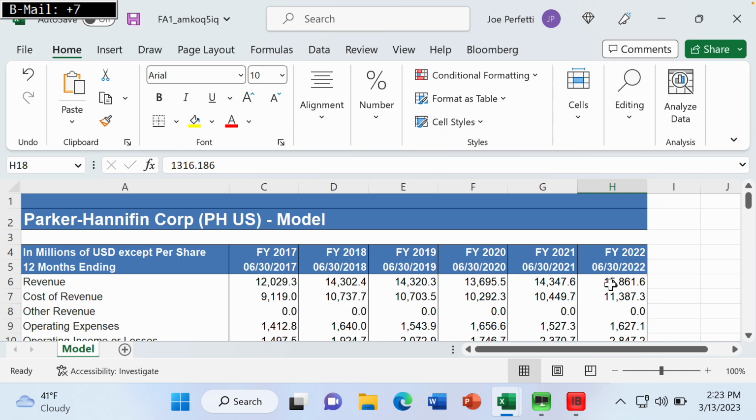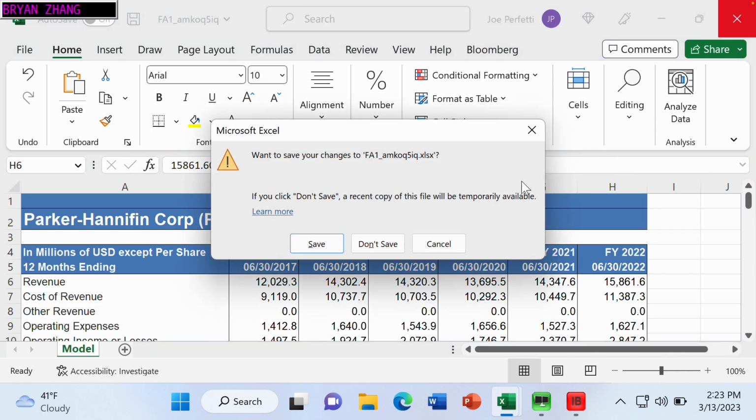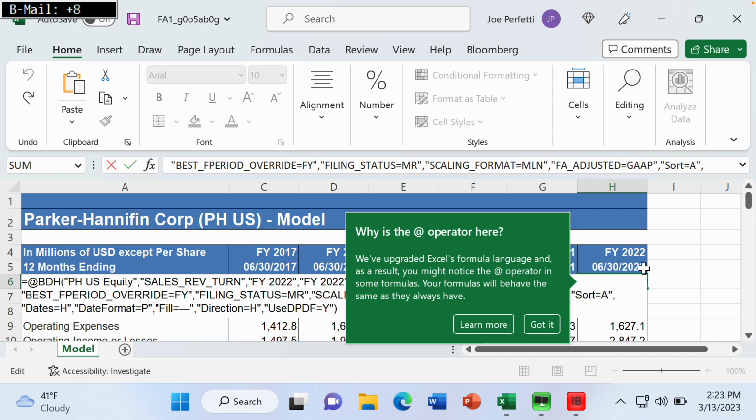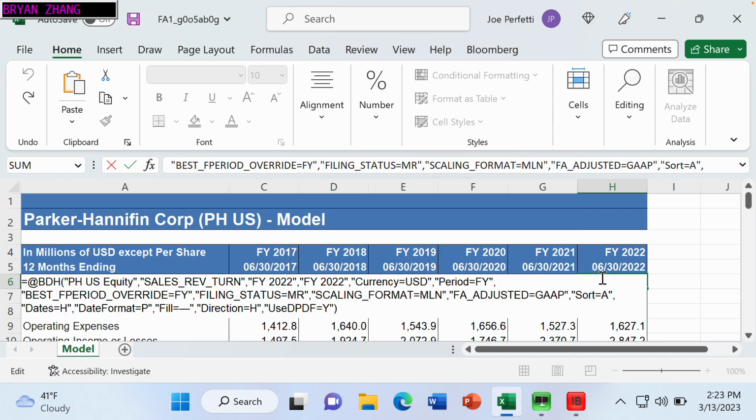But then there's two more things you're going to have to do every time. You will notice if you click on 2022 revenue in the cell you just exported from Bloomberg, that's actually not a number. It's this weird database lookup field.